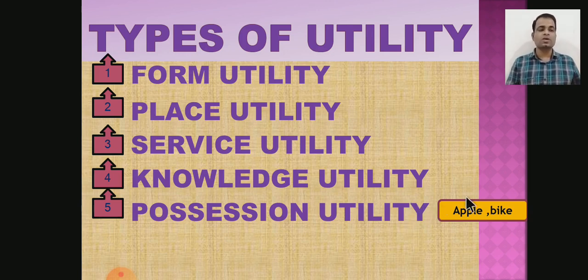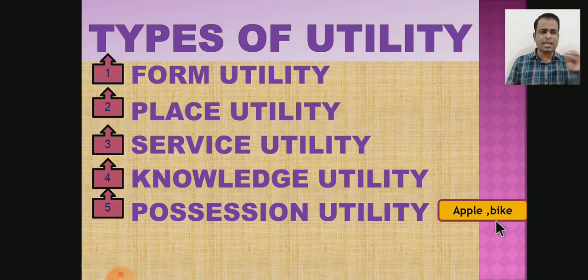After purchasing the bike, we may drive it and enjoy that bike, but when ownership is transferred from seller to us, therefore it is known as possession utility. Which type of utility? Possession utility.